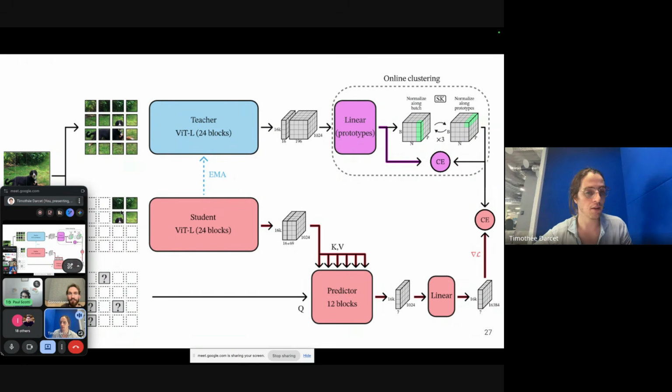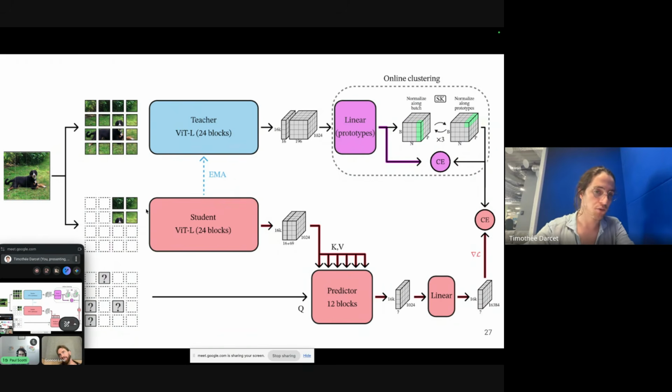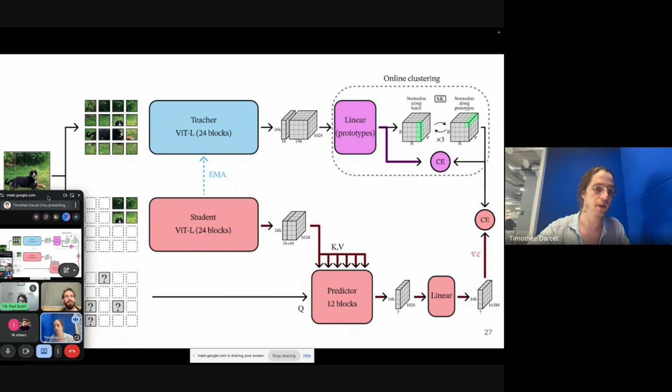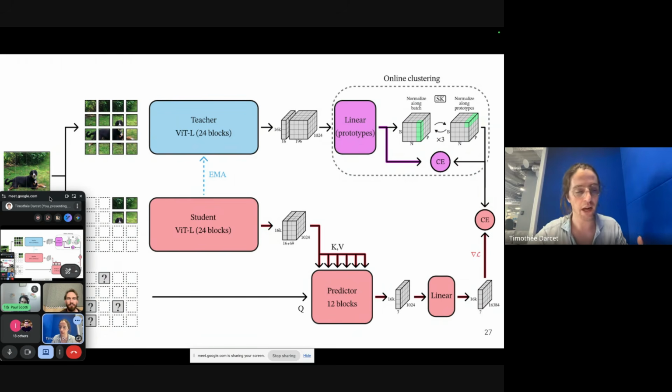Because if you use the roll, then you start having masks that are, for example, okay, if you use the roll on this one and you shift it one patch to the right, then you will have these two and these two, and you shift it one patch up, and then you have this one and this one and this one and this one, and now you have all the four corners, and you know exactly where you are in the image. And despite this, the roll was helping a lot, so it seems I'm missing stuff. Yeah, so that's my crackpot theory of what's going on, but it's not solved, as I was saying, else the model would be better.